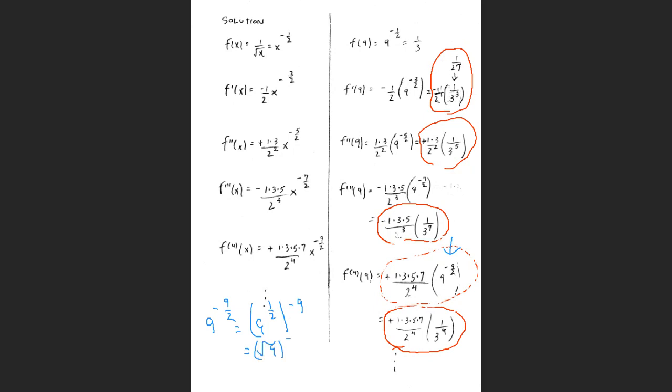So you have the square root of 9 raised to the negative ninth. That equals 3 to the negative ninth, or 1 over 3 to the ninth power. So that's how we're getting that.